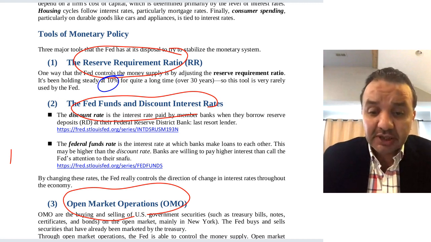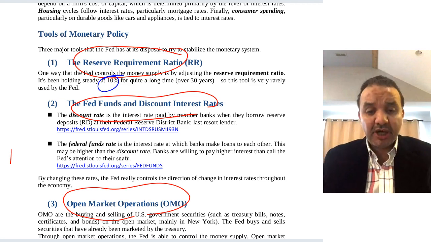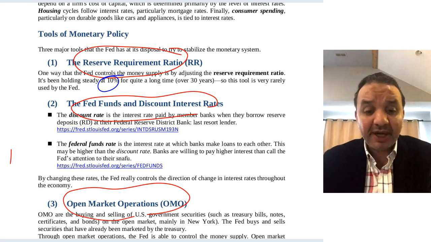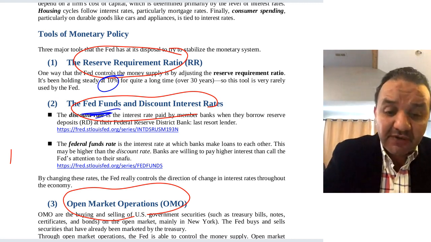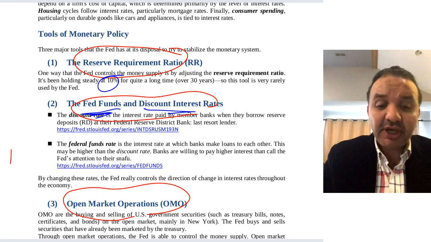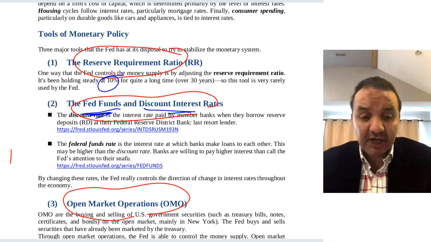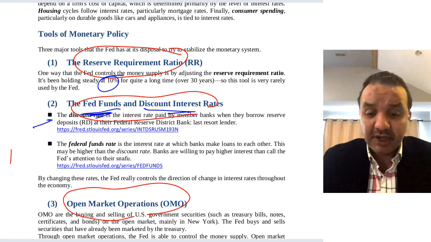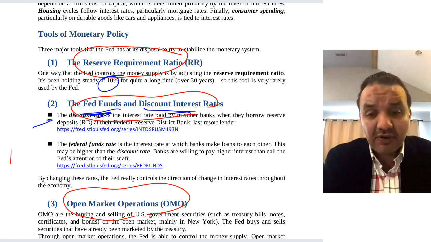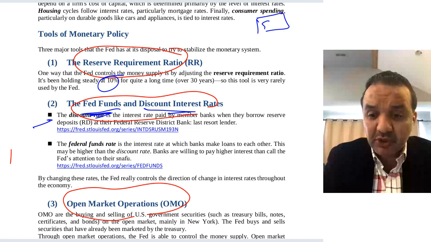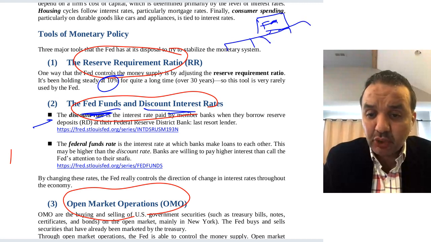The second tool which the federal bank can use is the federal funds and the discount interest rate. Again, the bank can change this interest rate. Let me explain further the discount rate. When I explained the structure of the Federal Reserve System, I said we have the federal bank, and here we have 12 district banks, number 1, number 3, and so on until 12.